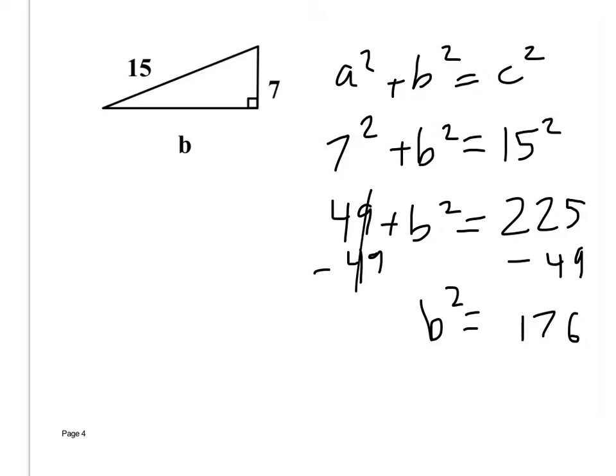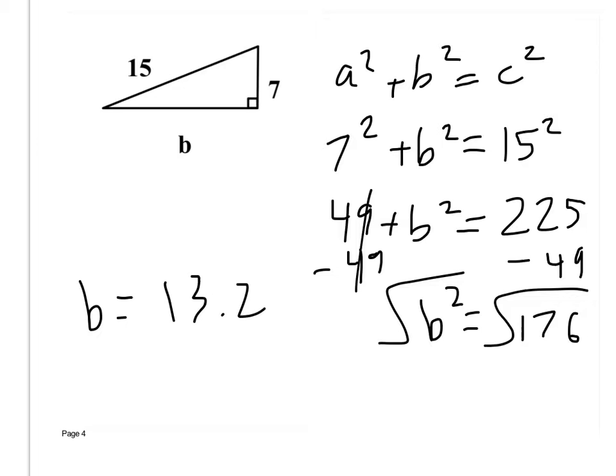Then I square root both sides, which gives me b is equal to 13.26649. I believe they're going to round to the nearest tenth, so it'd be 13.3.